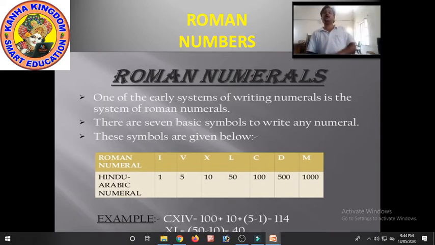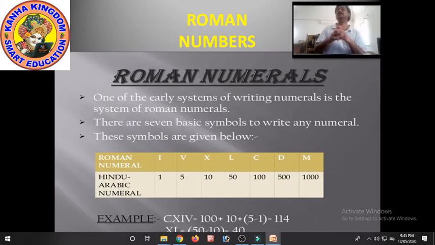One of the earlier systems of writing numerals is the system of Roman numbers, means in earlier days we wrote numerals in Roman numbers. Now there are 7 basic symbols to write any numeral.